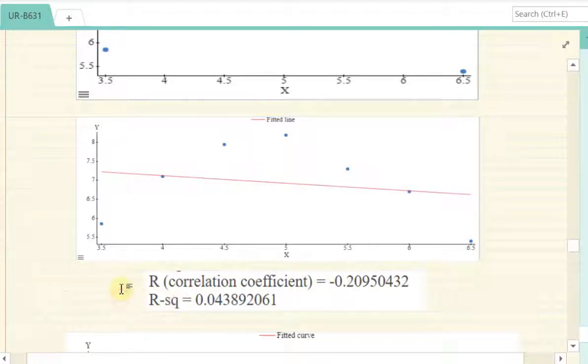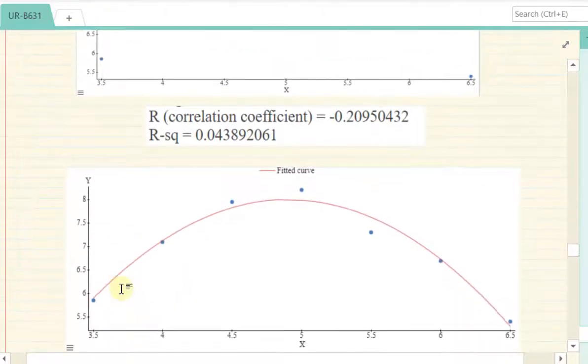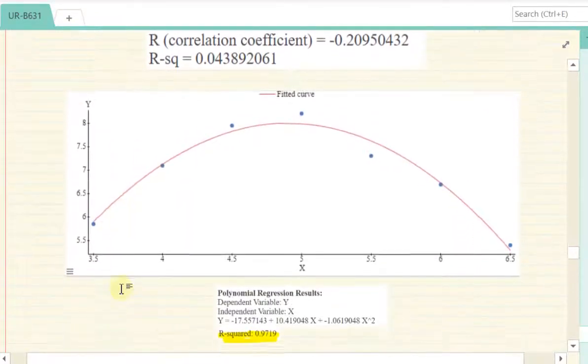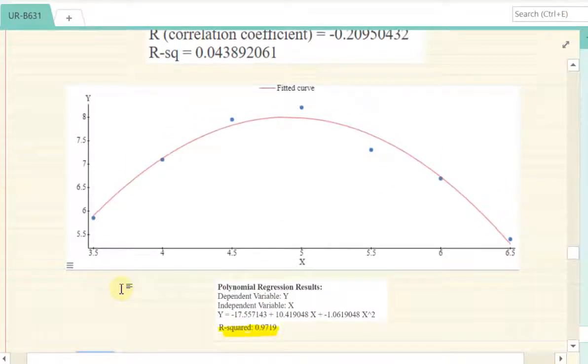Now, what I have done here is, there you go, I fitted a curve through this data. And when I did, notice I no longer show R, because R is now meaningless. That correlation coefficient is only meaningful if you have a linear relationship. But R squared I maintain. Look at R squared up here, it's 0.04.